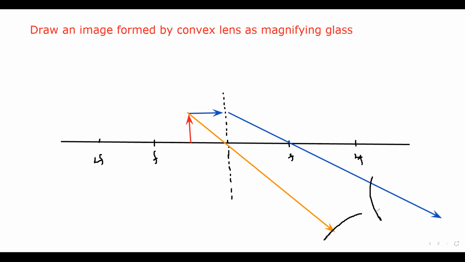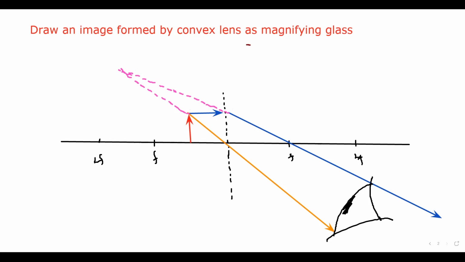So when we are looking from this side, our brain senses that the light is coming straight from the object. This is just our imagination that light is coming straight from the object. So when we produce these light rays backward, this is the position where the image is formed.